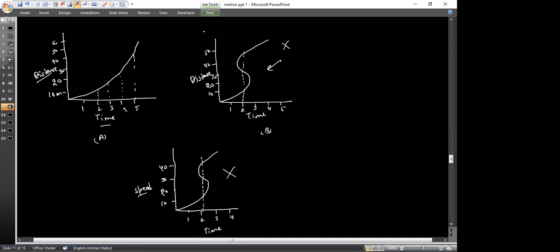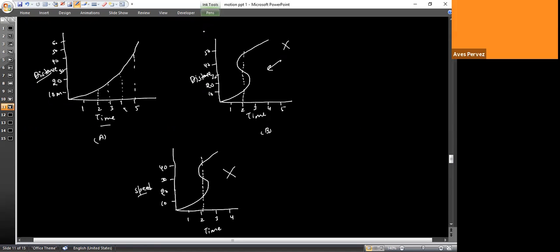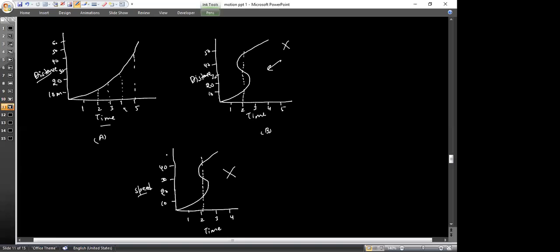So in the third graph also, sir, it's impossible, no, sir? In simple terms, if the first line doesn't cut the second line, and the second curve is a little bit ahead, then it is possible.